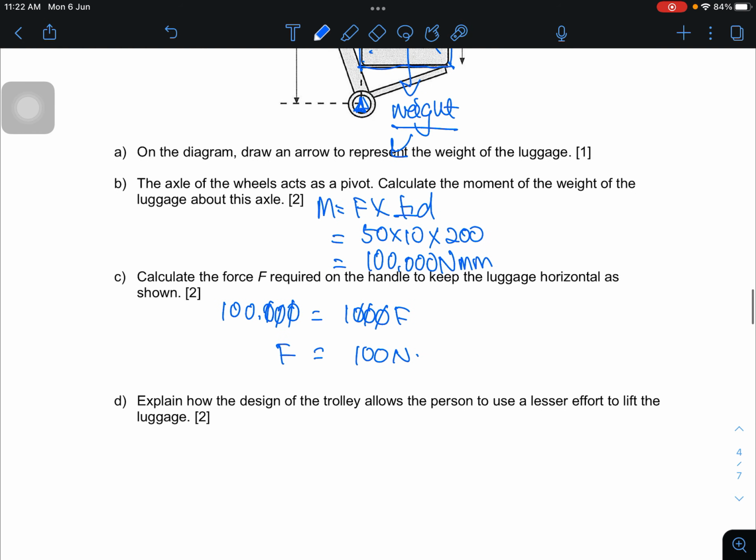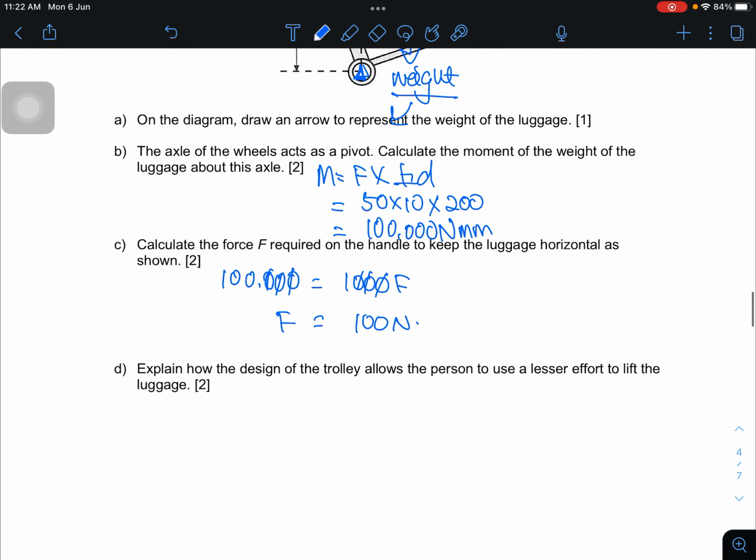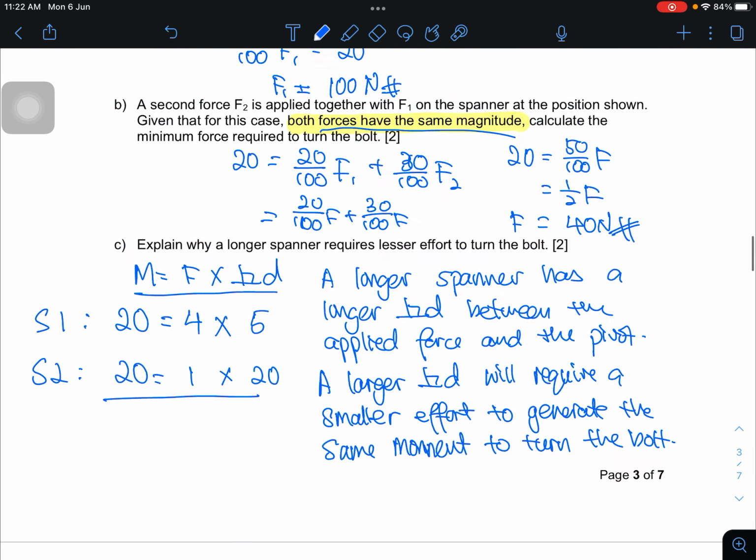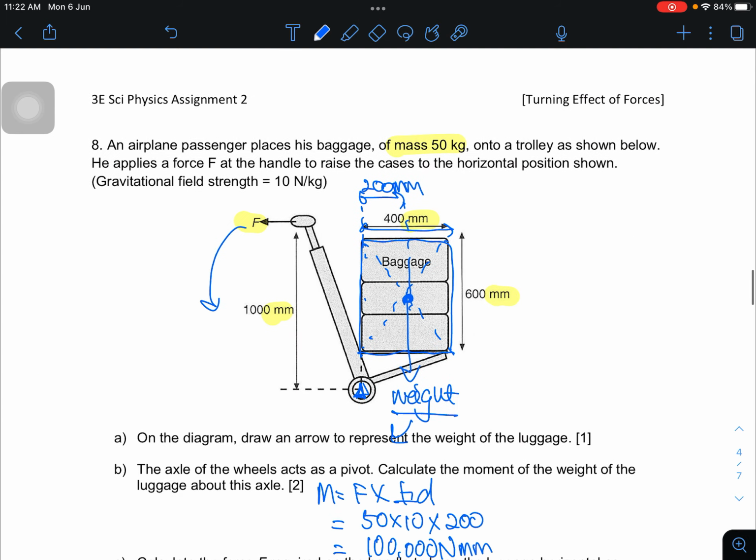The design. You see, D, they ask, explain how the design of the trolley allows the person to use less effort to lift the luggage. In this case, this is the same kind of explanation that we're going to give.